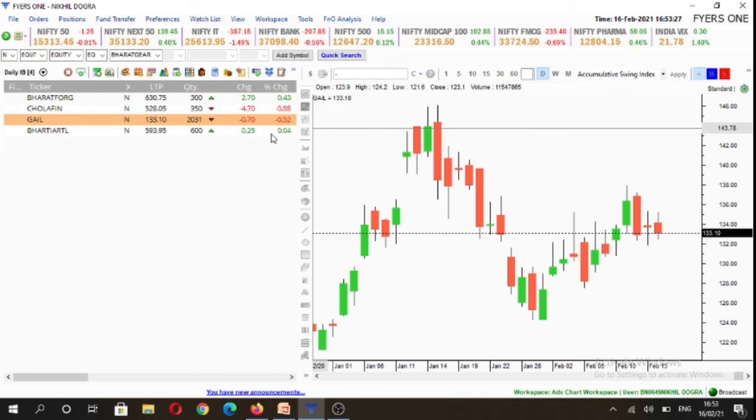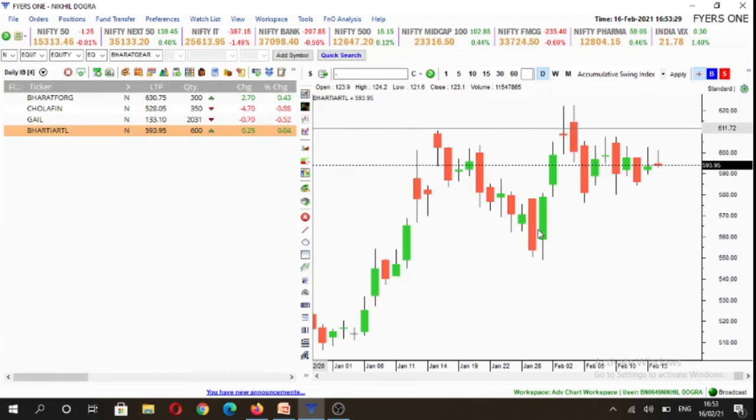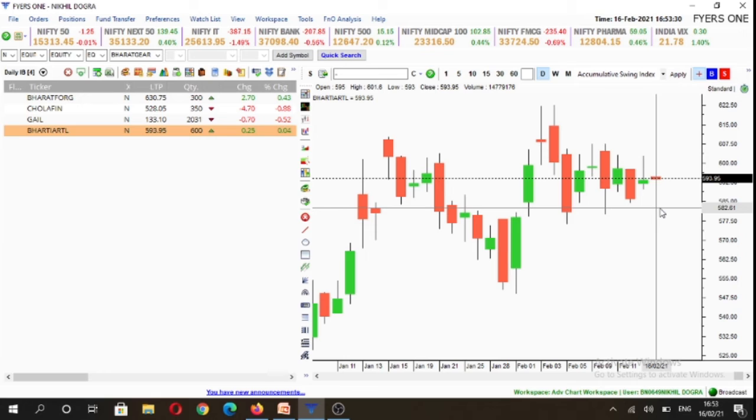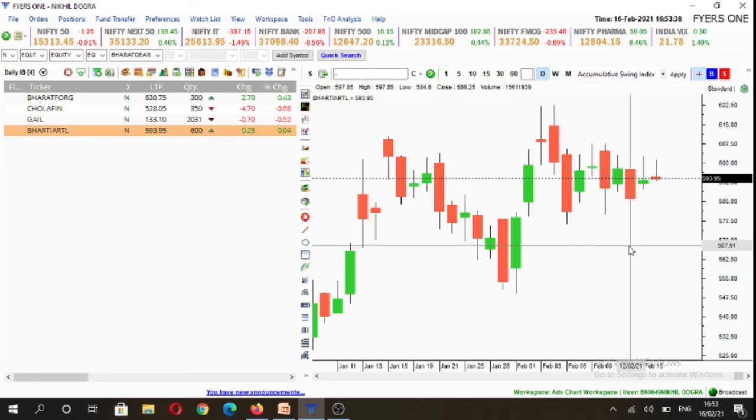And our final stock is Bharti Airtel. In Airtel, we look for buying opportunity above 601.7 levels or selling opportunity below 592.9 levels. As you all know, these are inside candles, and whichever direction they break of today's range, we'll look for a trade in that direction.